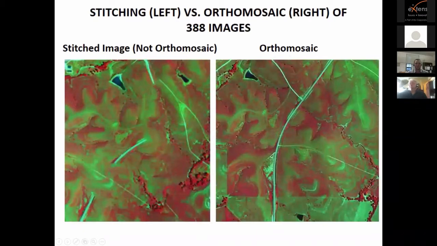In order to do an orthomosaic, you have to build a three-dimensional model and then stitch those images together in a way that retains the correct geometric configurations on the ground. So now you can see the roads are connected right and so on. An orthomosaic has been corrected for multiple factors that I'll explain in a minute, but its geometry is correct.